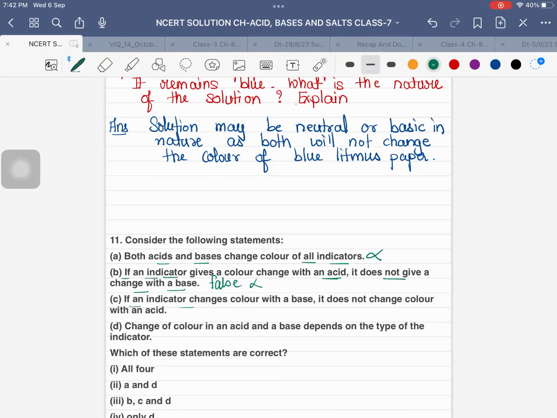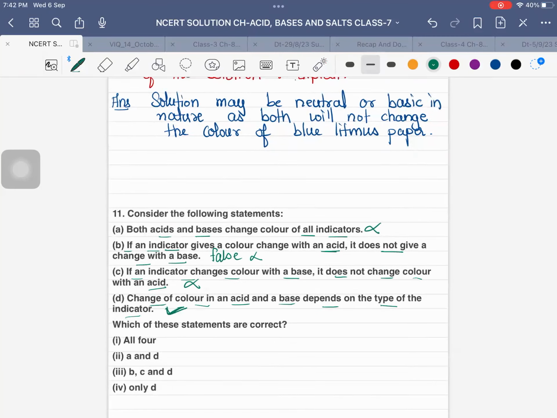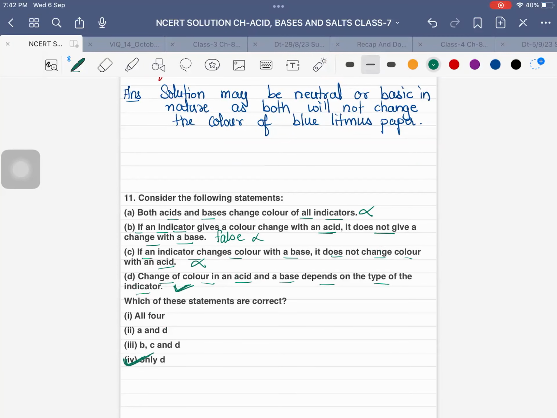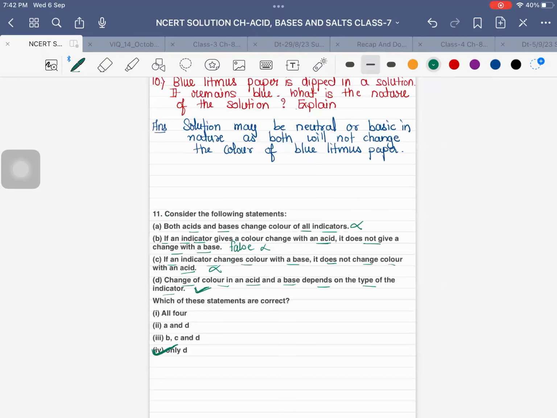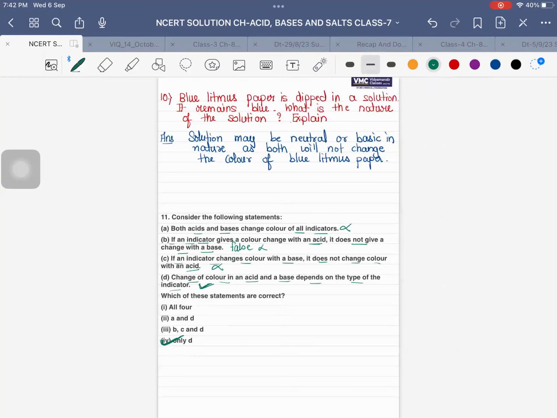If an indicator changes color with base, it does not change the color with acid, so it is also false. Change of color in acid and base depends on the type of indicator. This one is true. So only D is true. Correct answer is 4. So this is all about the exercise.